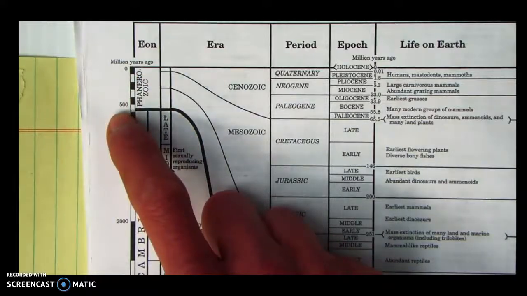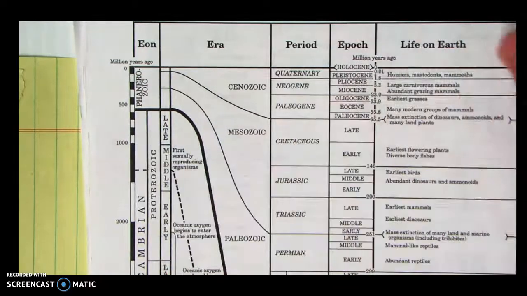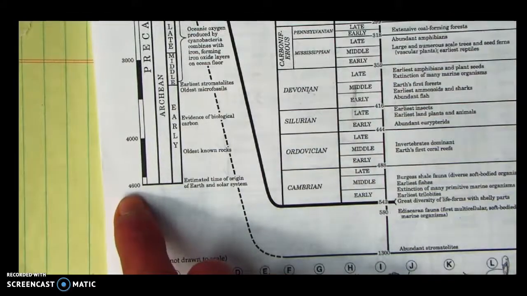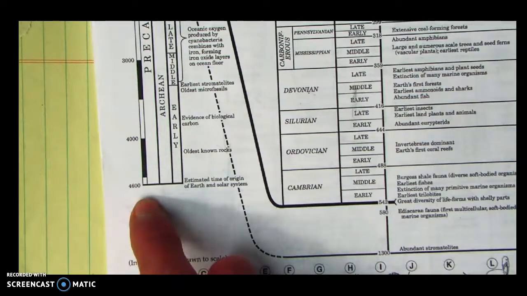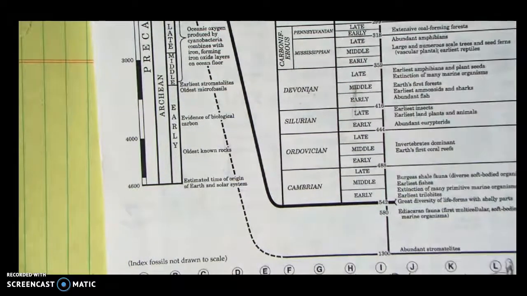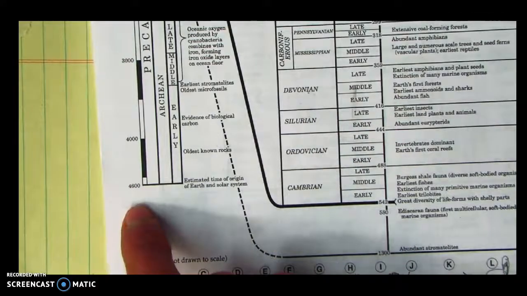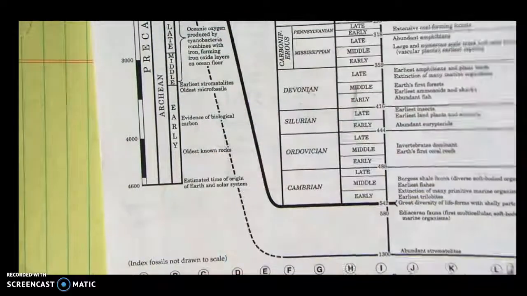So this is 500 million. This is 1,000 million years ago. 2,000 million years ago. 4,600 million years ago is equal to 4.6 billion. Okay, so these are in units of millions, not like 4,600. This is 4.6 billion because this is in millions of years.